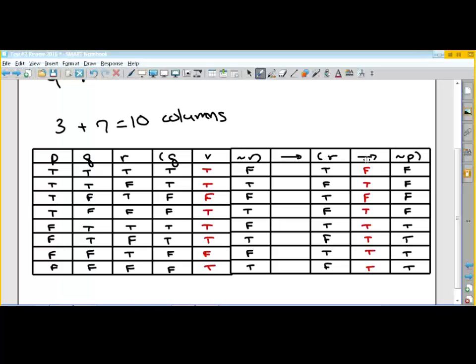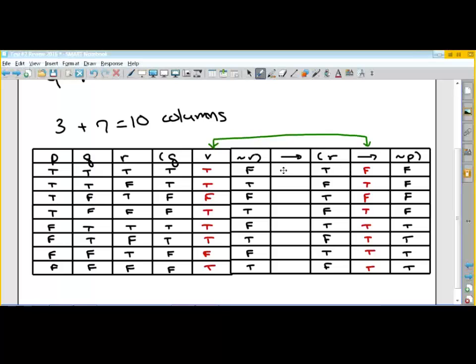And then finally, these are the truth values to the right-hand side of this. These are the truth values to the left-hand side. So we're going to compare these two columns and then apply the rule for the statement that's between them. So again, this is an if-then statement. So an if-then statement is only false if the first one is true and the second one is false.